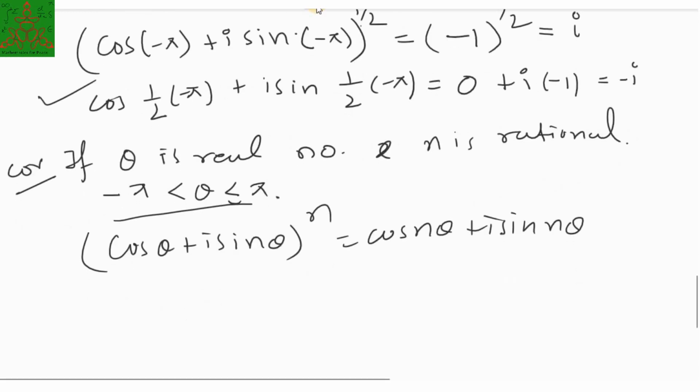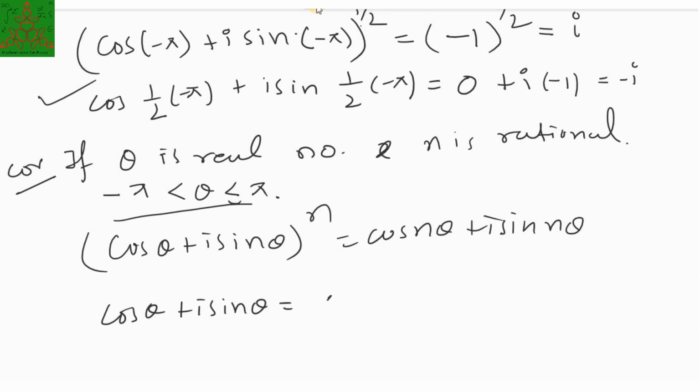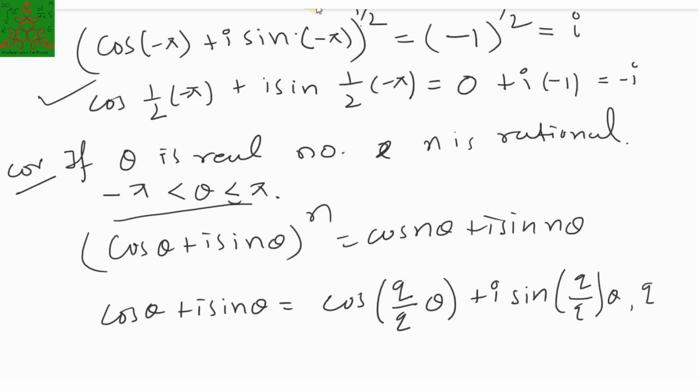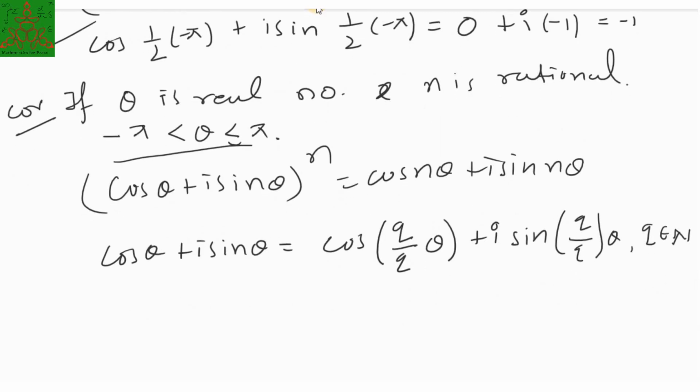So to prove that, I will start with cos theta plus i sin theta, which I can write as cos (q by q) theta plus i sin (q by q) theta, for any q belonging to N, this is true. Now as q is a natural number, I can take this q outside.